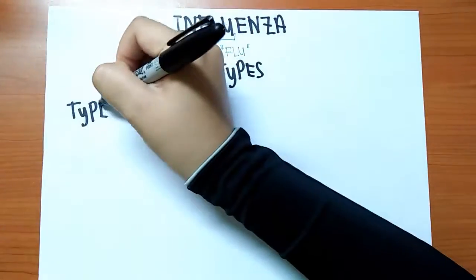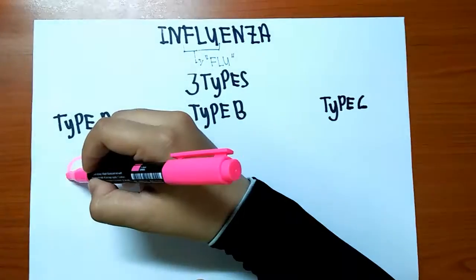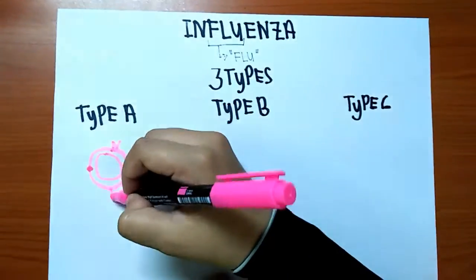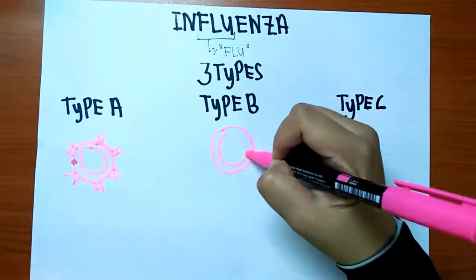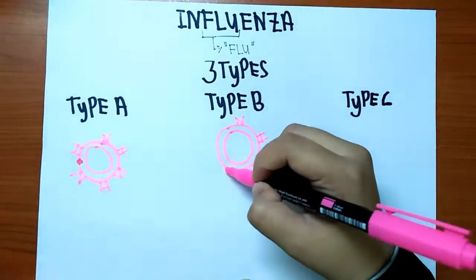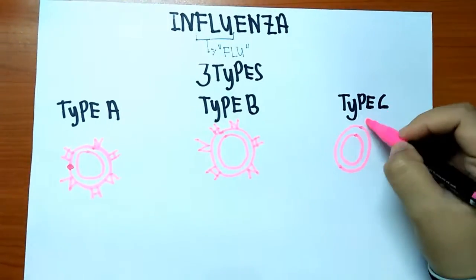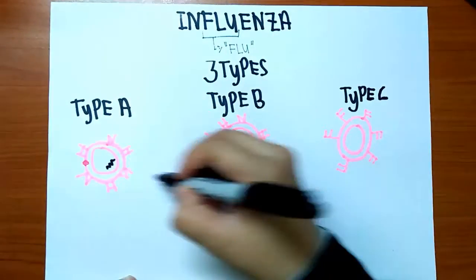Influenza, commonly known as the flu. There are three types of influenza disease: type A, type B, and type C. All three types of influenza may infect humans.